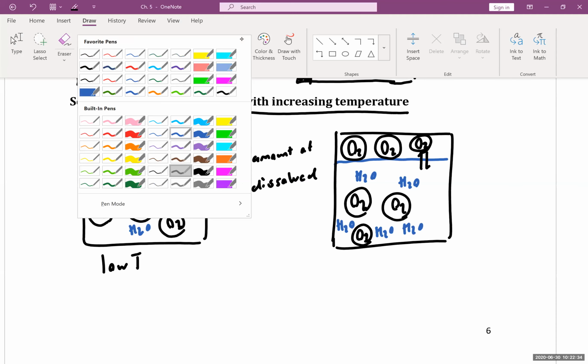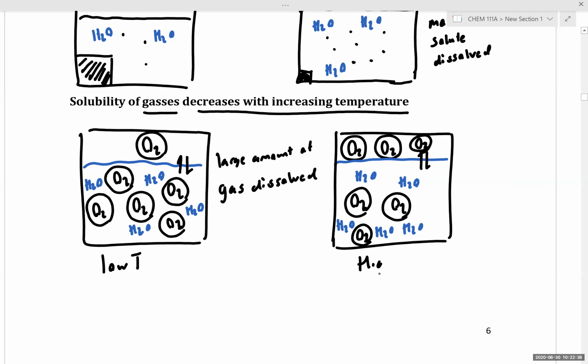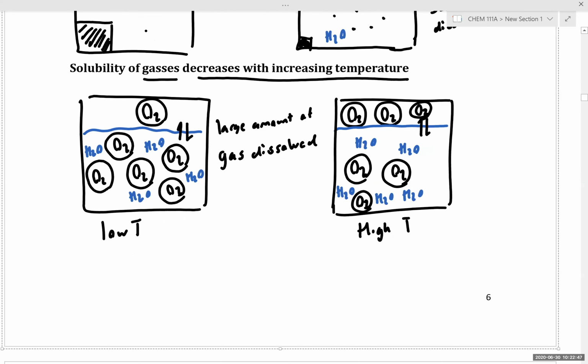What I want you to know from this discussion is that gas solubility, the amount of gas dissolved, decreases with increasing temperature.